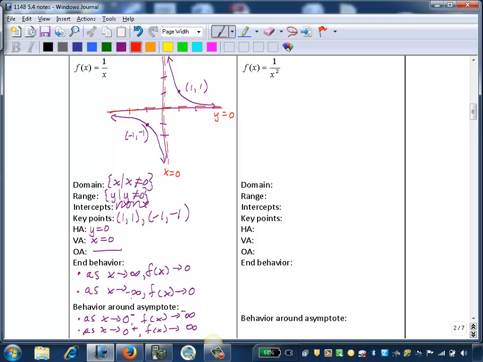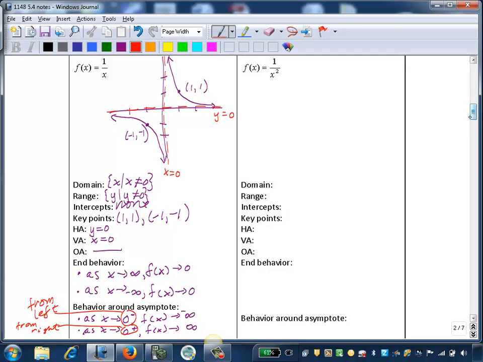If you want to make a little note, this 0 negative, the negative superscript, is describing the behavior from the left of x equal to 0, of that vertical asymptote, and this 0 plus is describing the behavior from the right side, the branch that was to the right of that vertical asymptote.